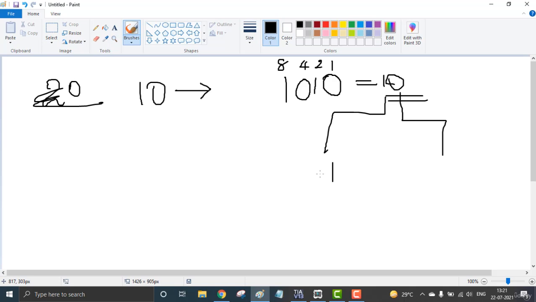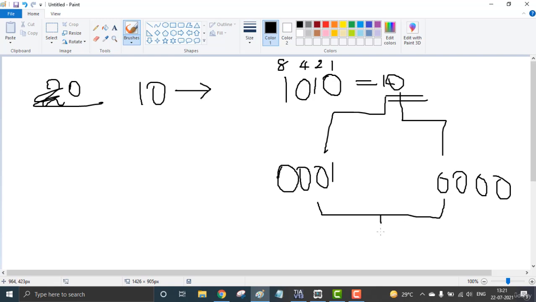The 1 is 0 0 0 1 in binary, and the 0 is all zeros. So the result is 0 0 0 1 0 0 0 0. The fifth bit holds the value 16, and the 8, 4, 2 and 1 bits have no value, because when we give 10, we get 16.